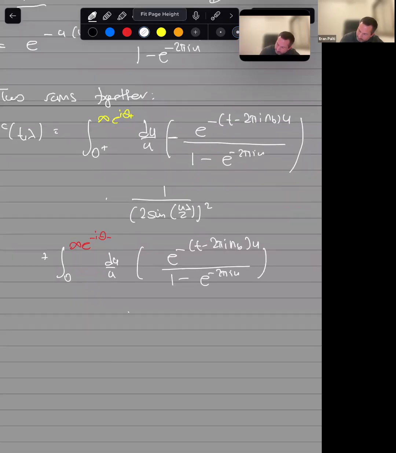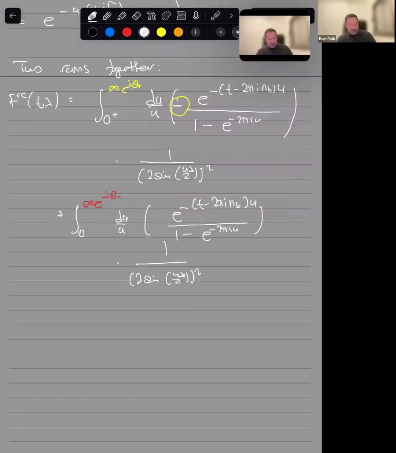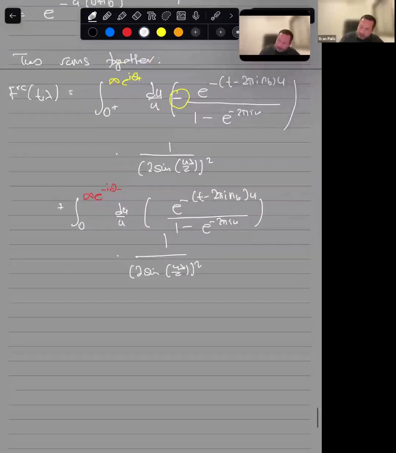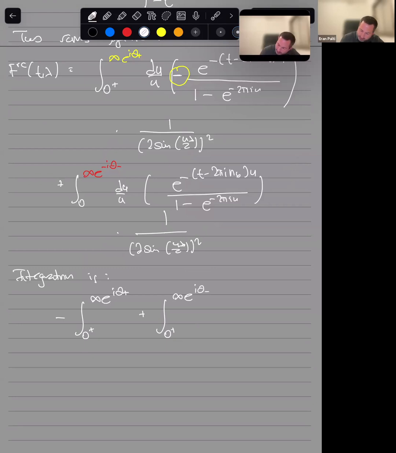Okay, so the difference between the two is this minus sign. But the integrand is the same, and so we can take this minus sign outside the integral, and we can say that the integration is minus the integral from 0 plus to infinity along theta plus, plus the integral from 0 plus to infinity along theta minus.